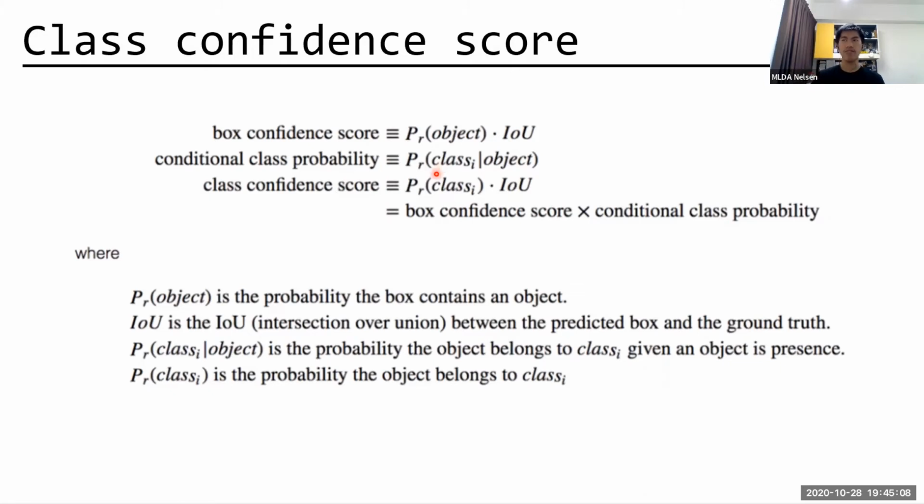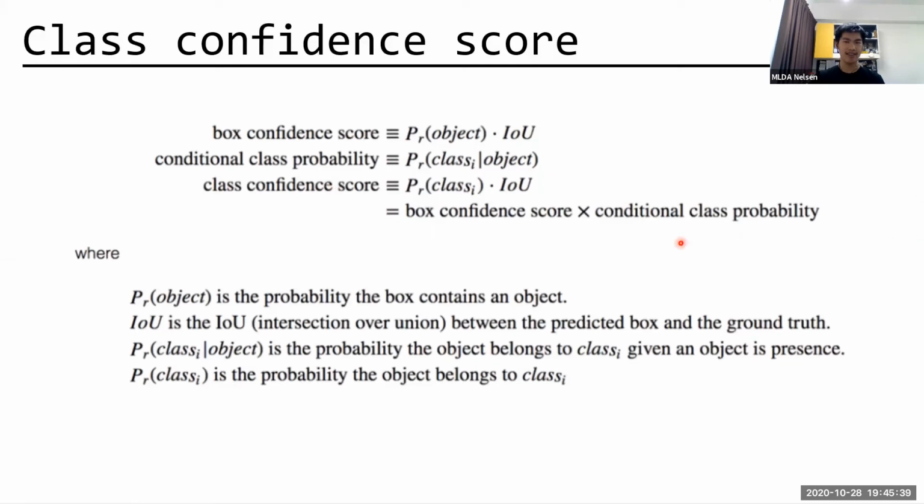In such a way, when we know there's no object there, then we don't need to do the conditional class probability for that specific grid or bounding box, because there's no object there. And the class confidence score is the combination of the conditional class probability and the box confidence score. So that's how YOLO version 1 works.